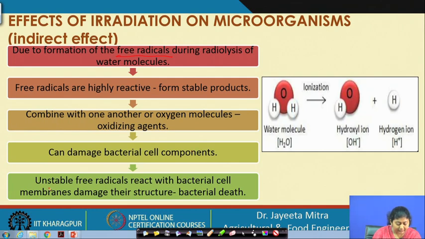And then unstable free radicals react with the bacterial cell membrane, damage its structure, and the bacteria dies. So, as we have seen, water molecules when they ionize will form hydroxyl ion OH minus and hydrogen ion H plus. Further, two of these will add and form more ions. So, this process will continue.